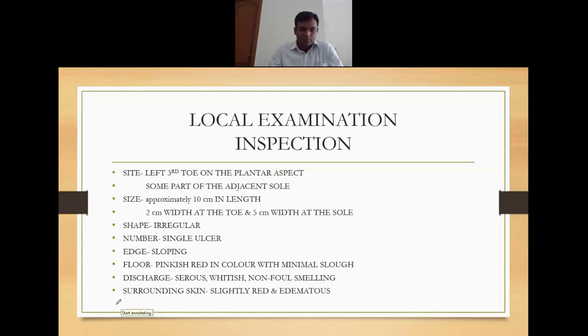Then you have to tell that there is an ulcer, and where the ulcer is. There is a single irregular ulcer on the left third toe on the plantar aspect, and the adjacent sole is also involved.